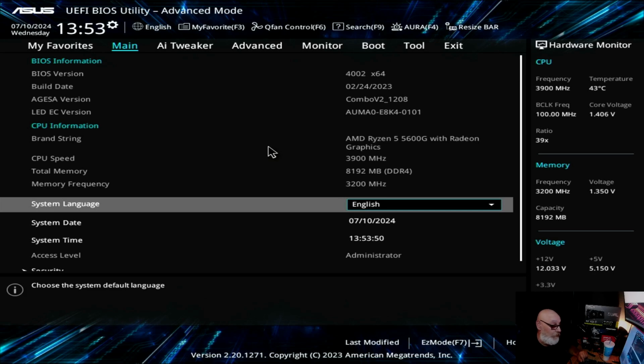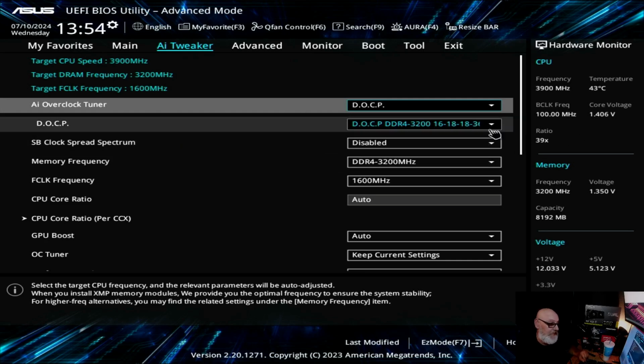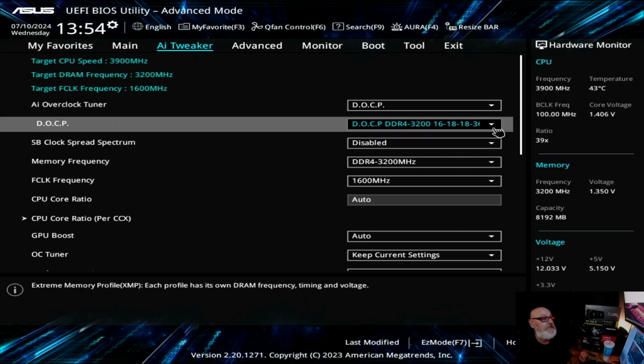But now, if you want to set your RAM timings, you can go to AI Tweaker or something similar to it. And if you got the Expo, you can set it up with the Expo and turn it on like so. Or if you got AI Overclock Tuner, you can set it to Expo and it'll have whichever one for your timings.